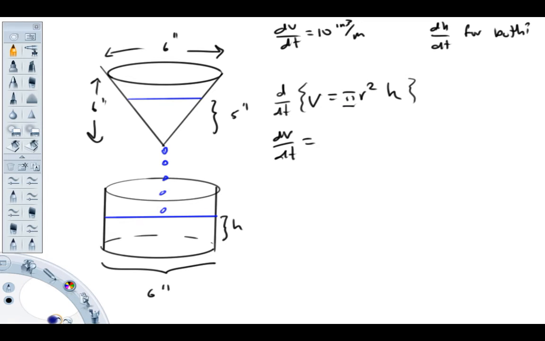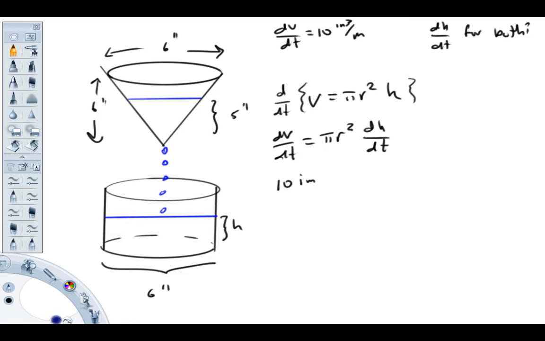Treating r like a constant, this is going to read pi r squared. However, h is changing, so it has a derivative, dh/dt, that we'll calculate in a moment. Now putting in numerical values, dV/dt in this problem is 10 cubic inches per minute.